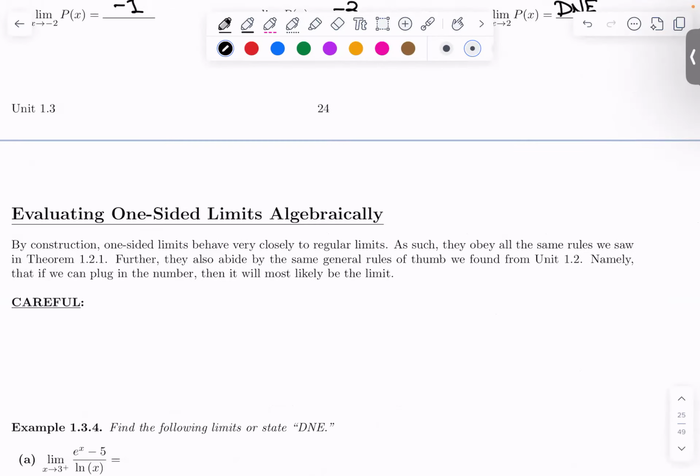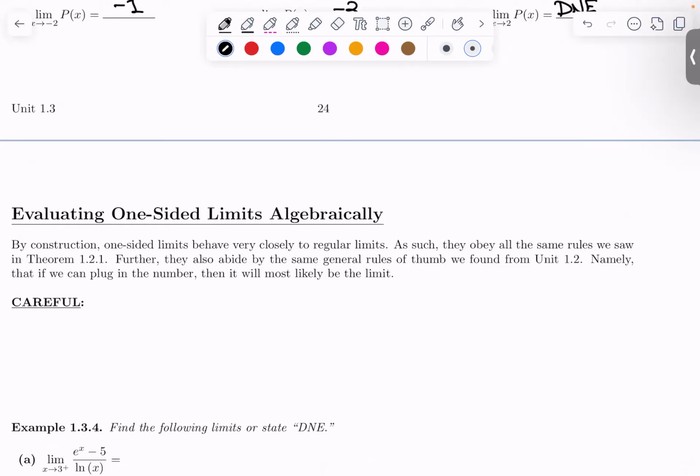Okay. And that's great and all, but how do we do it algebraically? The good news is that because of how they're defined, they obey basically all the same laws that the regular full limits do. So the limit of a sum is the sum of the limits.